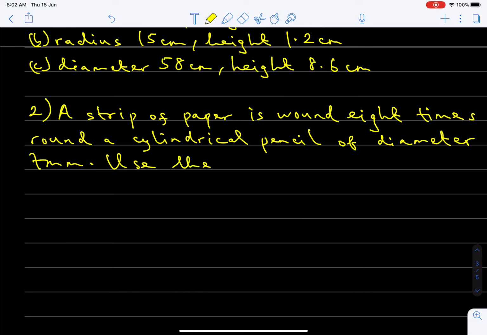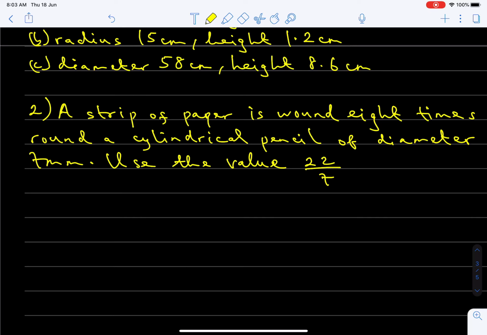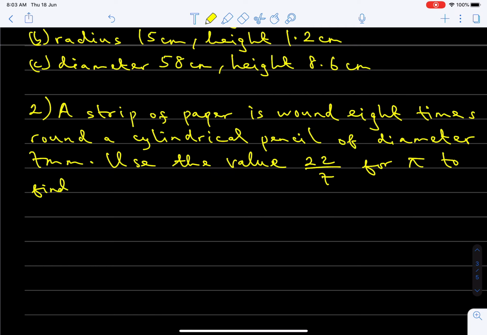We use the value 22/7 for pi to find the length of the paper, neglecting the thickness of the paper.